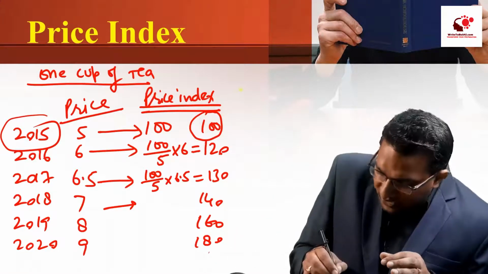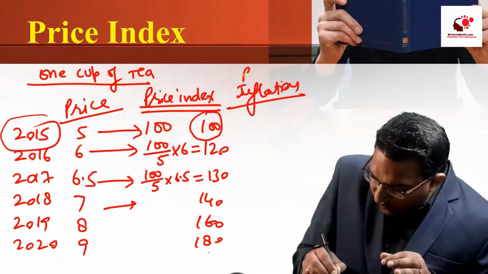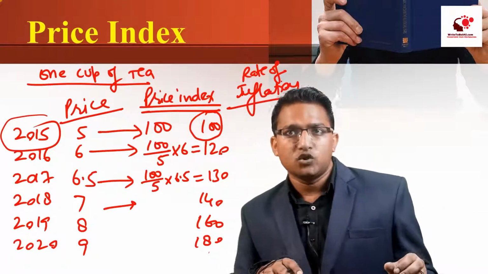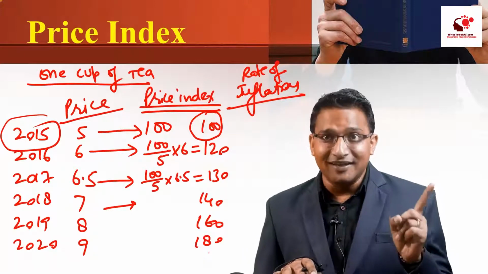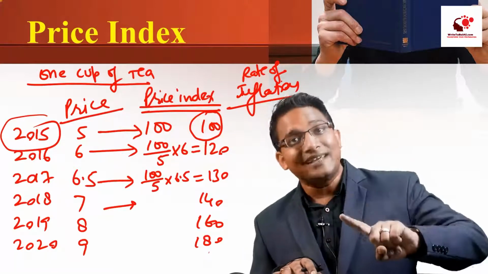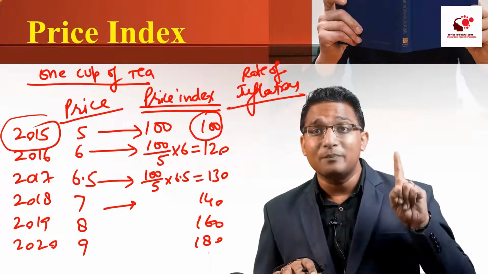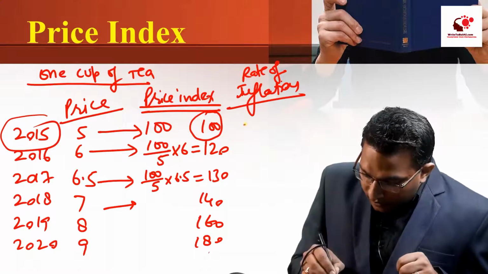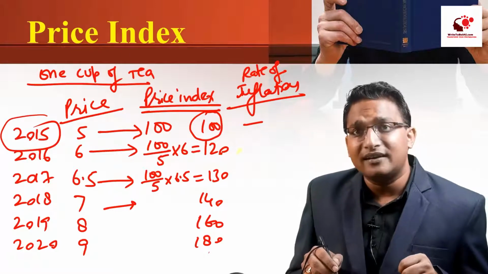Now what is inflation, or the rate of inflation? How do we calculate the rate of inflation? The rate of inflation is the percentage rise in the price index, as we have already seen in the previous slide. In 2016, how much is the percentage change?